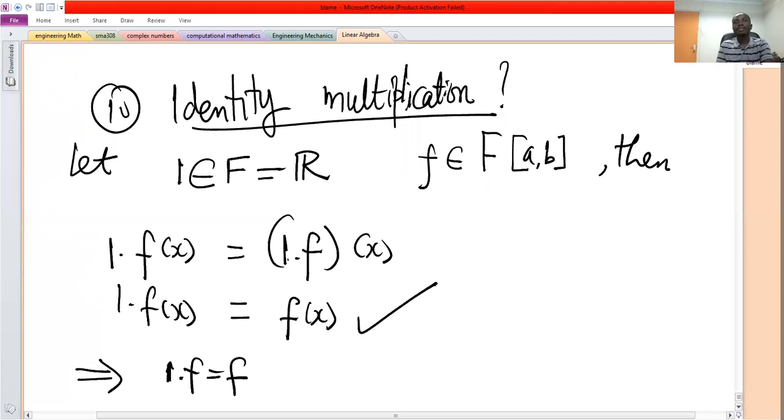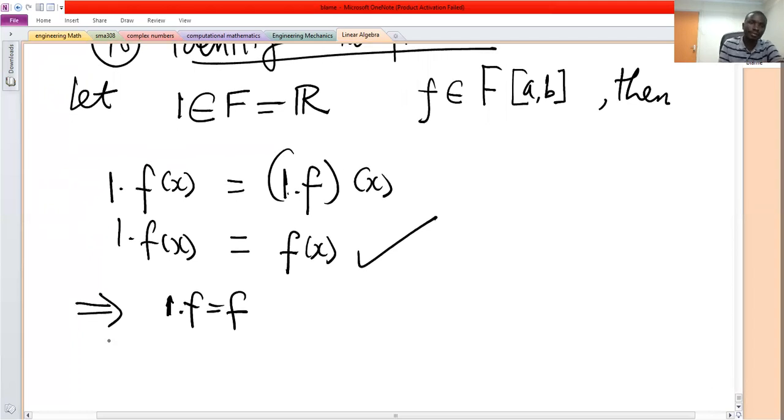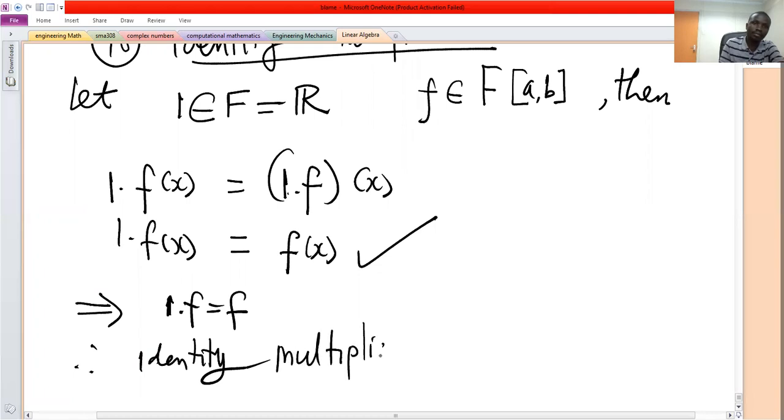So identity multiplication is also possible in the set F. Therefore, identity multiplication is defined on this set F.